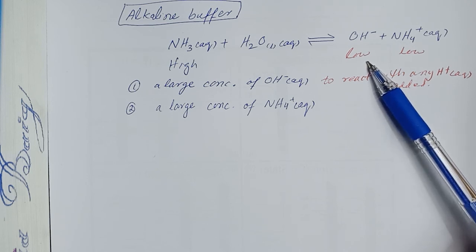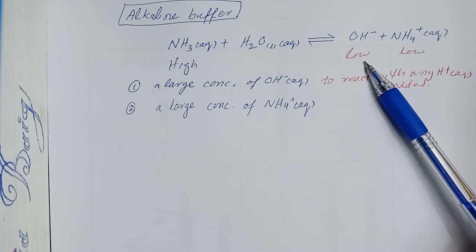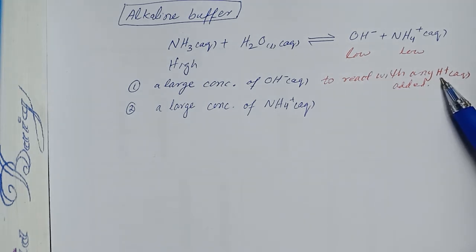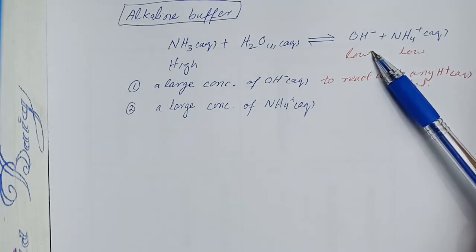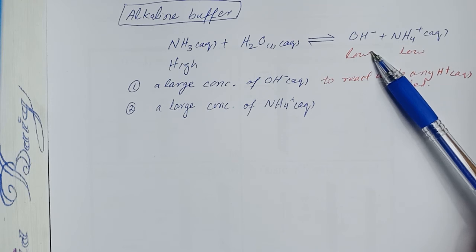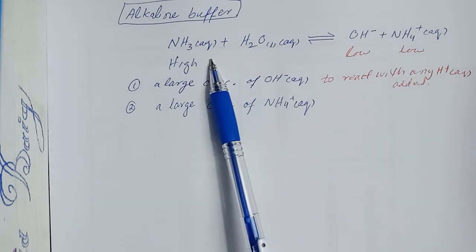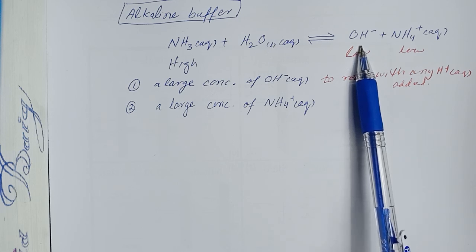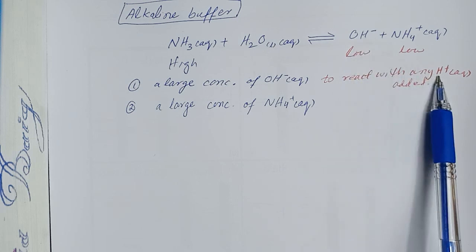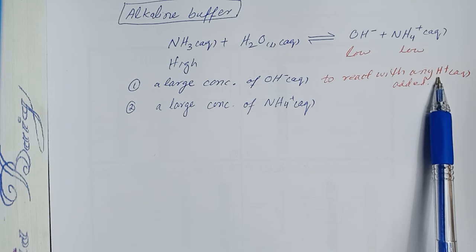So how can this neutralize the hydrogen ions? It will neutralize when the hydrogen ion reacts with the hydroxyl ion. It will generate water molecule, and thus the undissociated ammonia will be dissociated into the hydroxyl ion and then again neutralize the hydrogen ions.